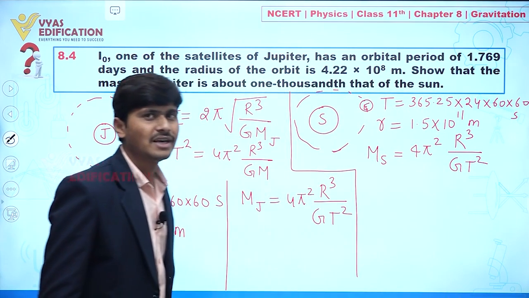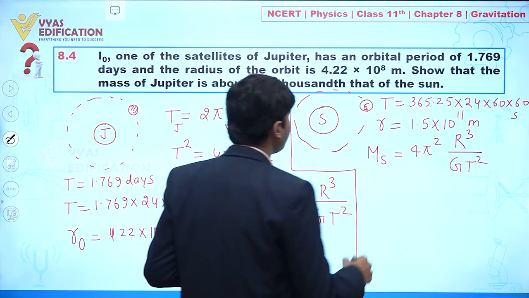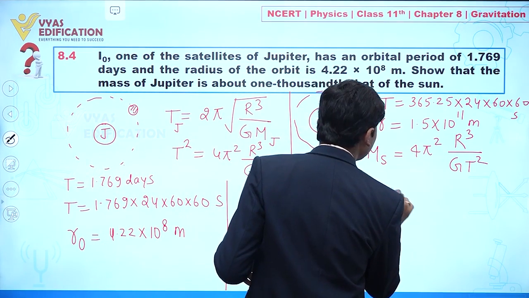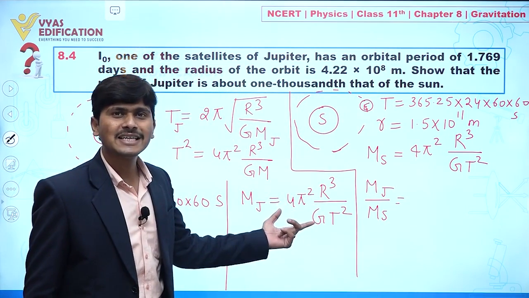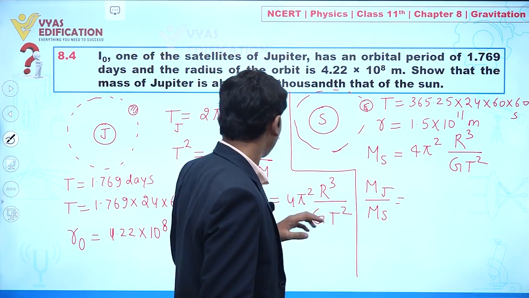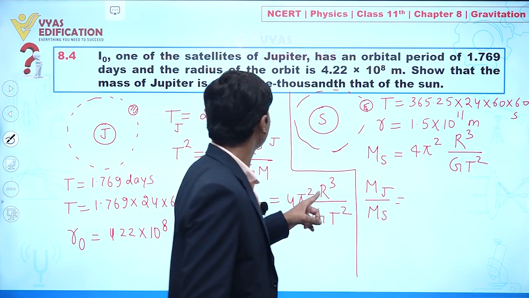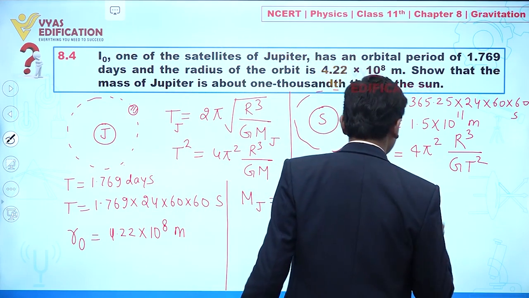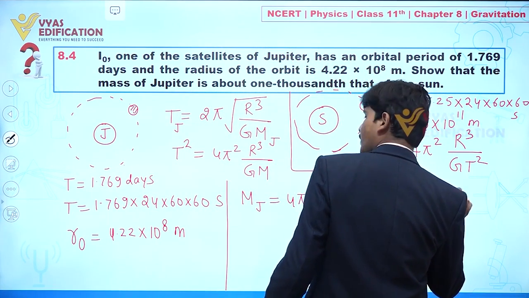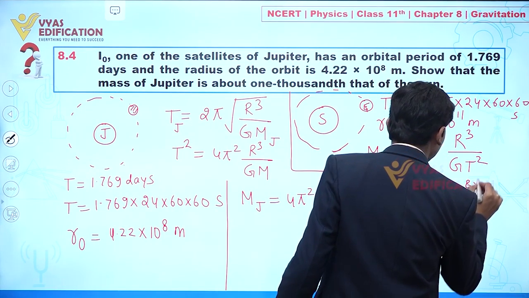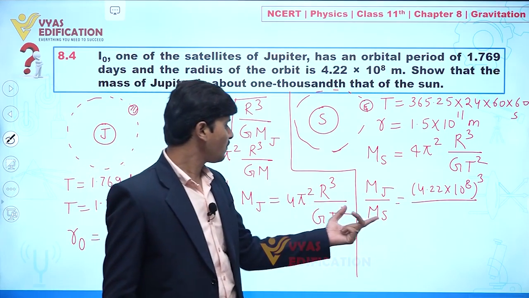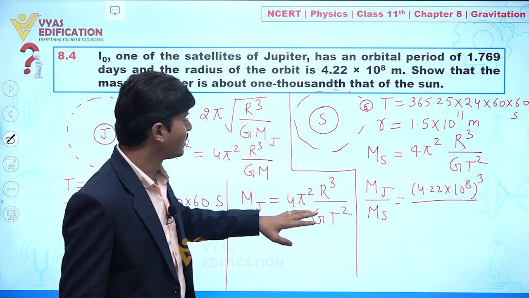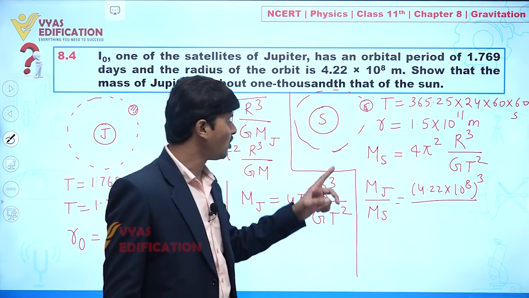Now listen carefully. If we take the ratio of Mj divided by Ms, the 4 pi square is a constant, it will be cancelled out. First we write r cube, so directly the distance: 4.22 into 10 to the power 8, cubed, divided by, G will also be cancelled out.